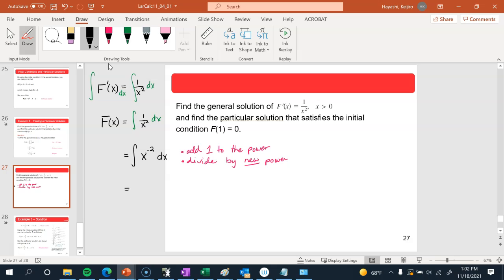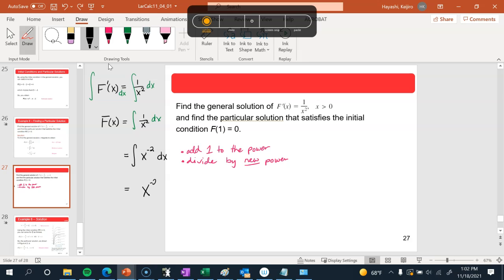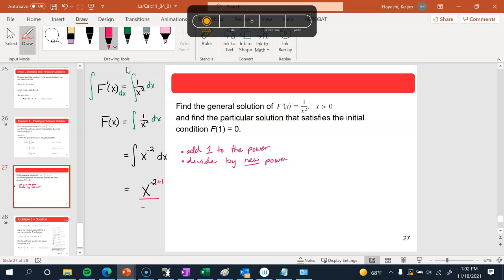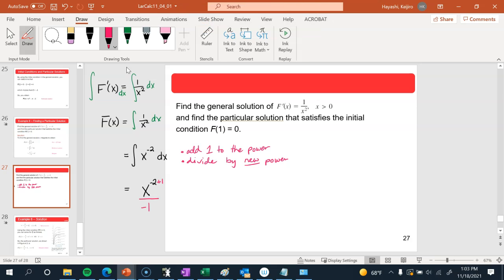So if you apply this rule, add 1 to the power and divide by the new power, that should give us, we'll add 1 to the power. That's going to give us a power of negative 1. So that's what we're going to divide by. And we've applied the integration rule, so there's no integration sign there anymore.